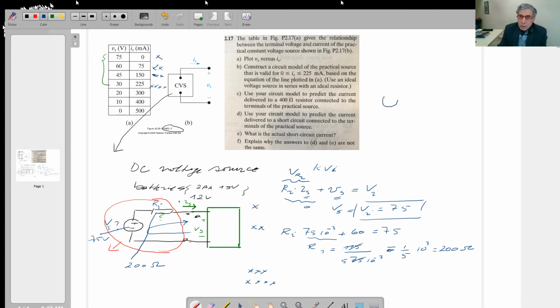There's one source and then one resistor under the connection. So this is what I said, the model is this.